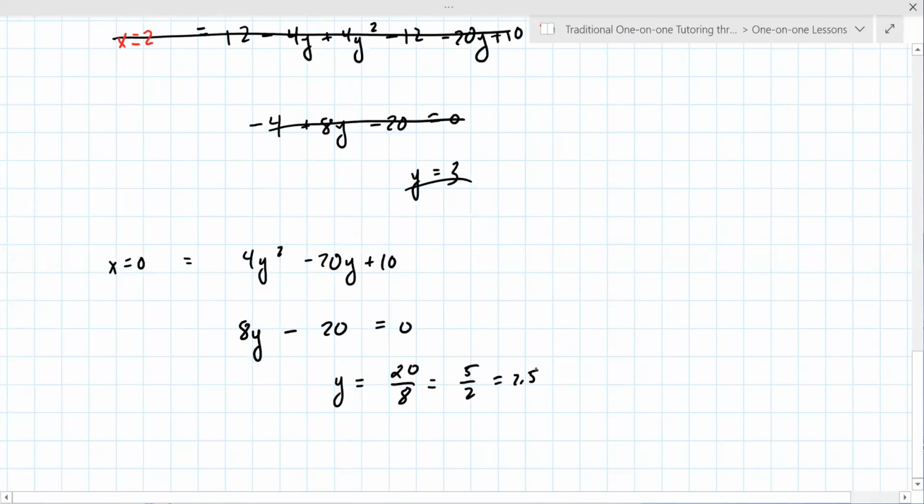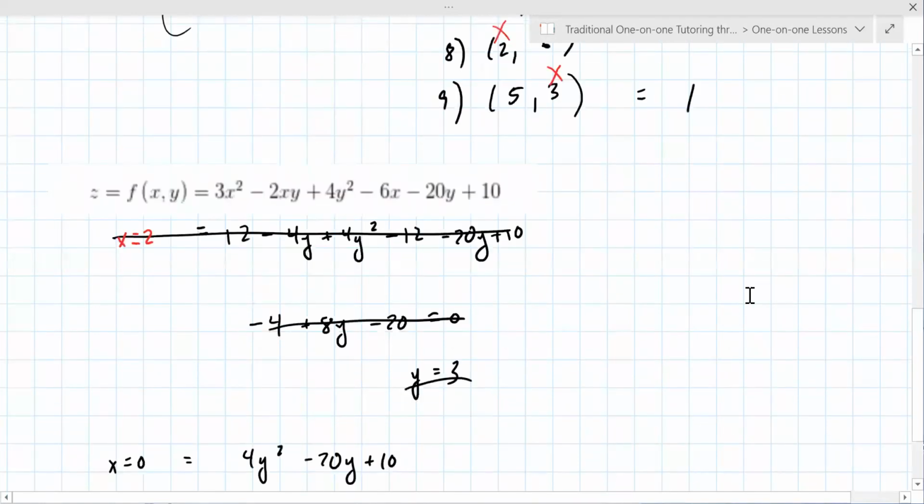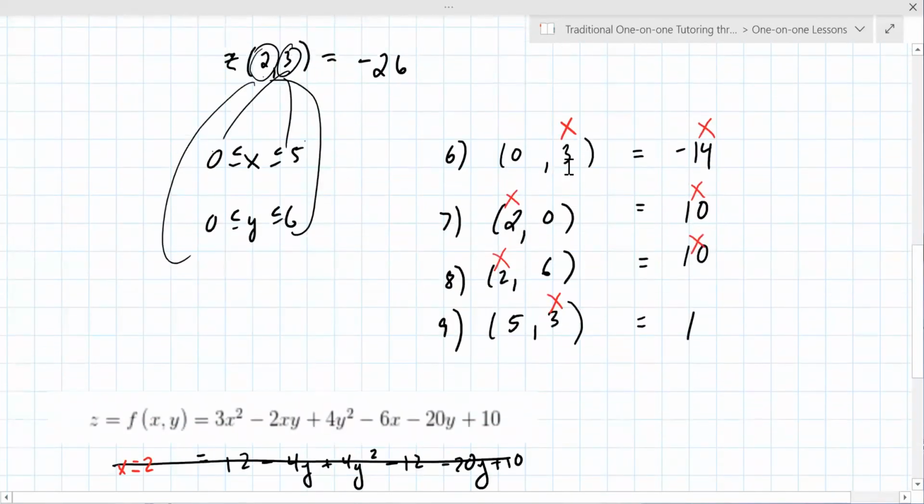And so that's a new critical point. So when x is 0, we get that point right there. And so we can try 0, 2.5, so can you try 2.5 in this position right here?